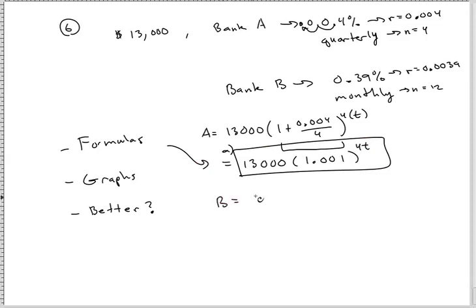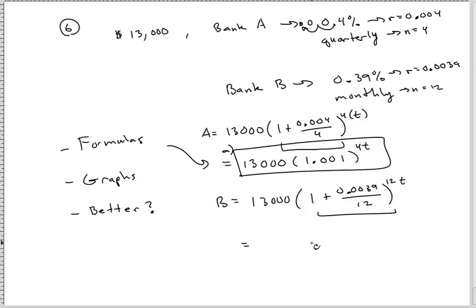The bank B formula would be very similar, obviously, 13,000. And then we got 1 plus 0.0039 all over 12, and then 12t at the top. Again, you only need to simplify the inside there, and so I'm not typing all of this into my calculator. I'm only typing the inside of that parentheses.